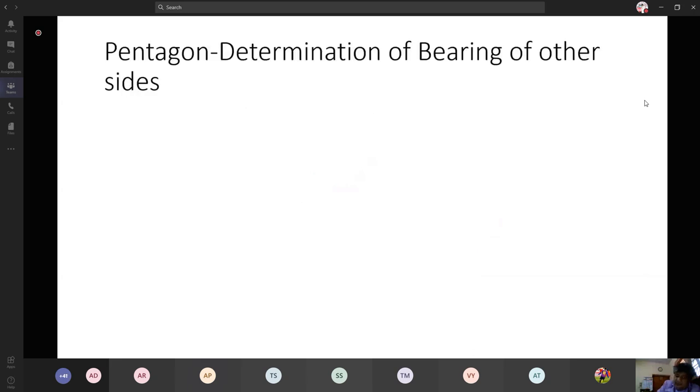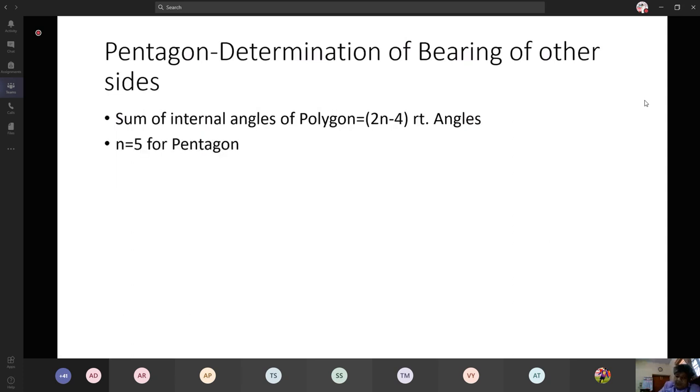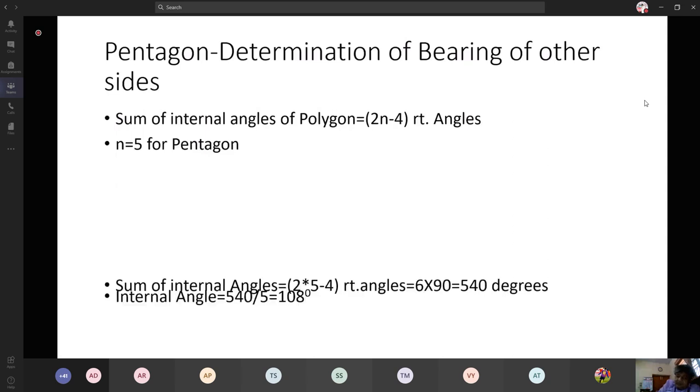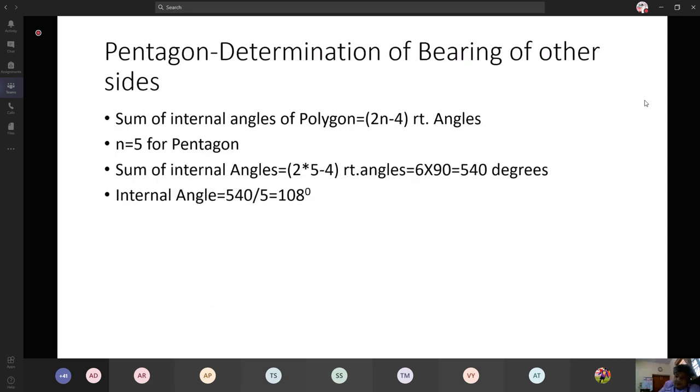The sum of internal angles of a polygon is 2n minus 4 right angles. Here n equals 5, so the sum of internal angles is 2 into 5 minus 4, which is 540. The internal angle is 108.